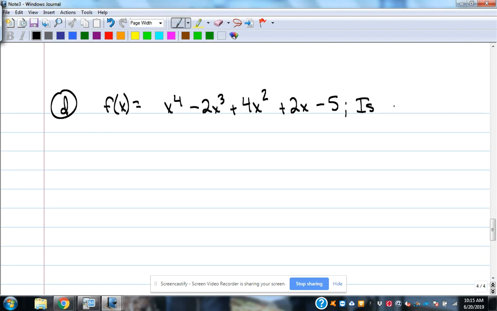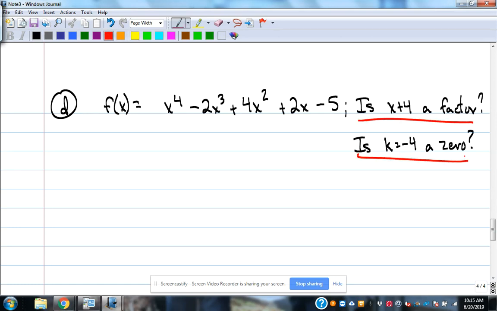Is x plus 4 a factor? That's one way they could ask that question. They could say, is k equals -4 a 0? Both of those questions ask you to do the exact same work.